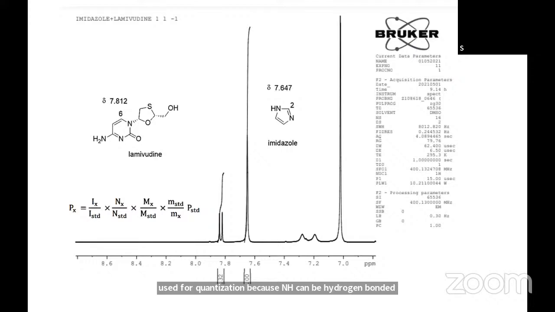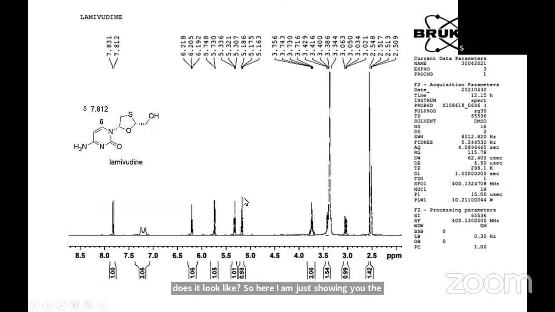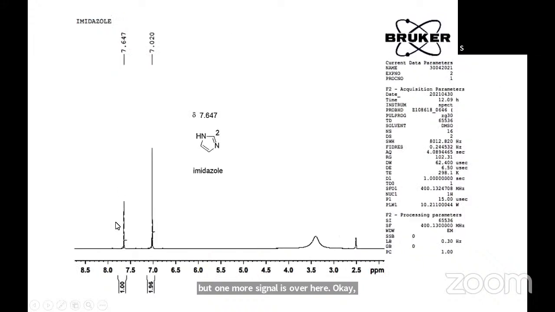Now, if you mix standard with the test sample, how does it look like? So here I am just showing you the signals that we have taken. For example, let us say if you take here at 7.8, we have a doublet, okay? And in the nearby region, we don't have any other signals, but one more signal is over here. Okay. After 7.5 and below 8, only one signal is there.